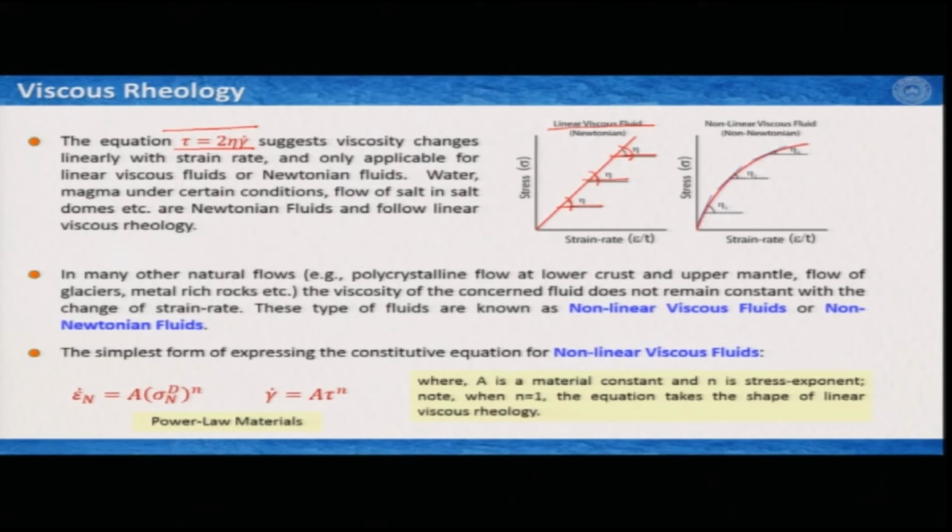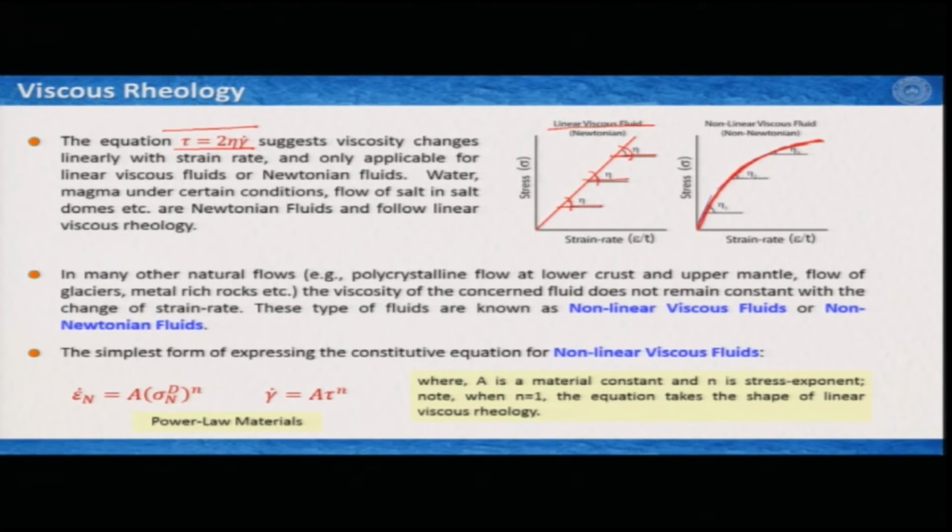And if that does not happen, then this line is not straight anymore, it can be curved. And if the line is curved, then the relationship is not linear, and this is known as non-Newtonian viscosity or non-Newtonian flow or non-Newtonian fluid.